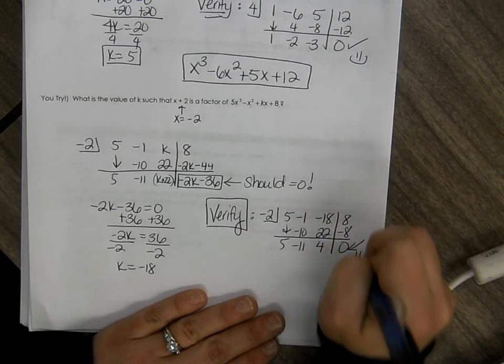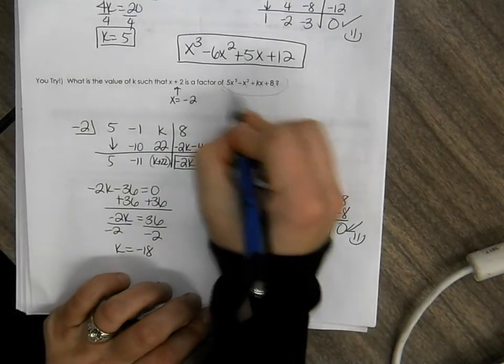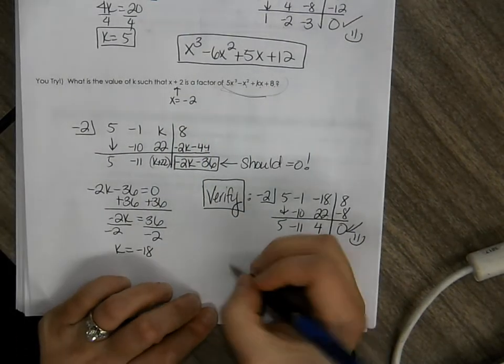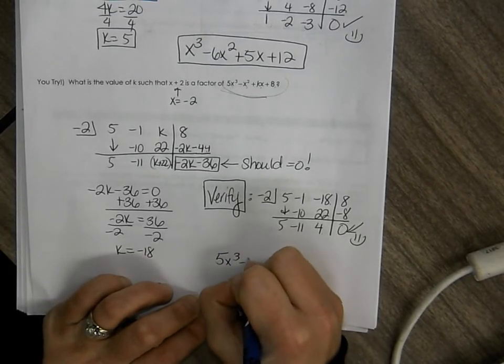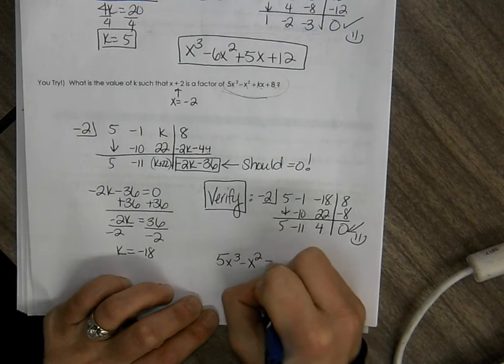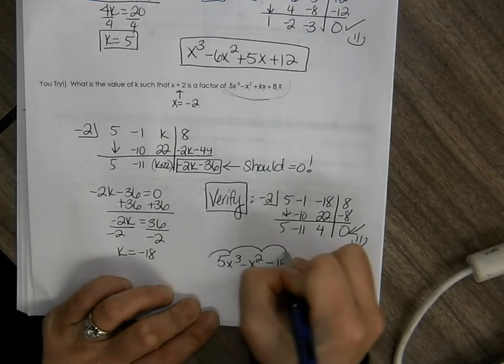And voila, there is our remainder of 0. So therefore, our cubic function should be 5x cubed minus x squared minus 18x plus 8.